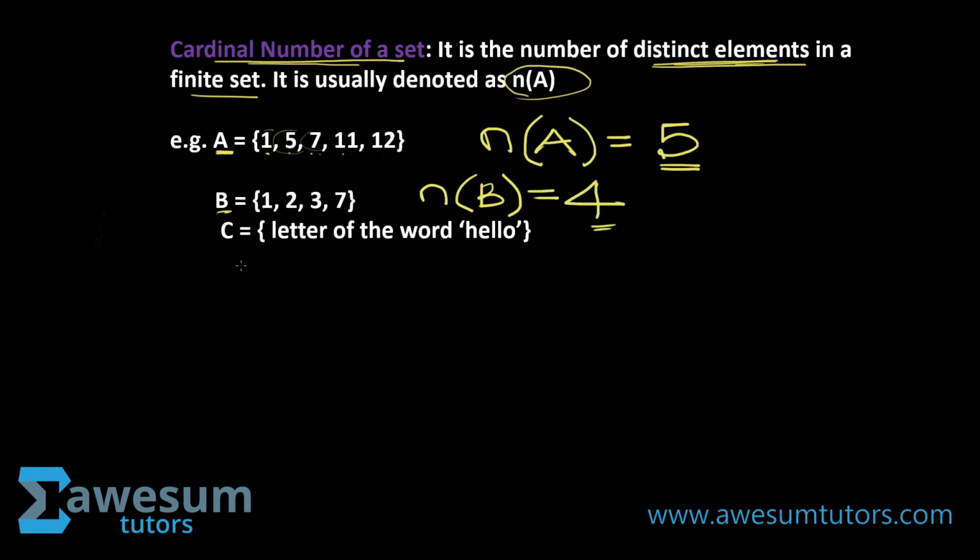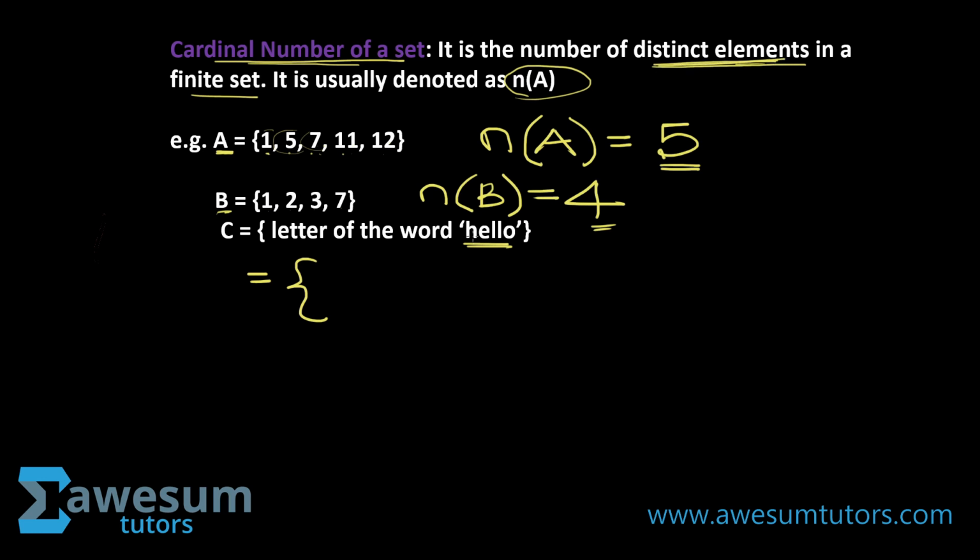Very good. What about this? What is the cardinal number of this set? C is a set of letters of the word hello. Now what you need to do right here is to rewrite the letters that make up this word hello. Remember, we said distinct elements.